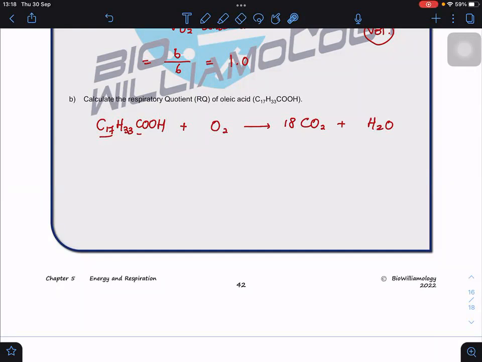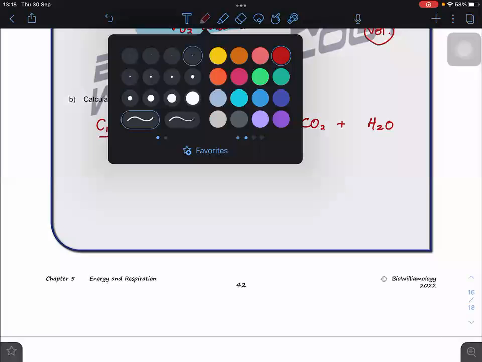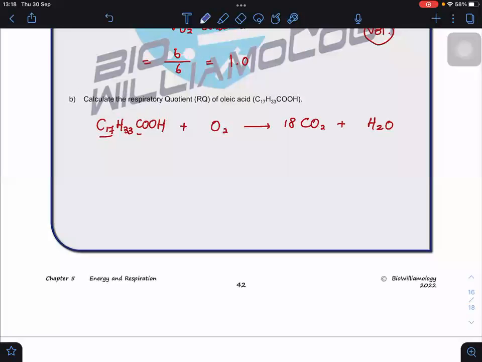How many hydrogens? 33 plus 1, so total 34, divided by 2 gives 17 H2O. So I have 18 carbon and 34 hydrogen.